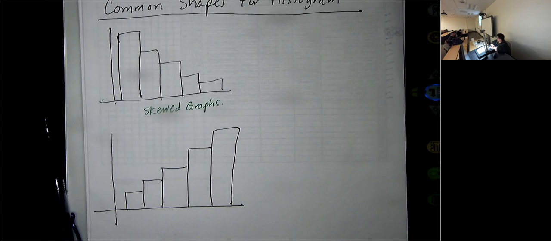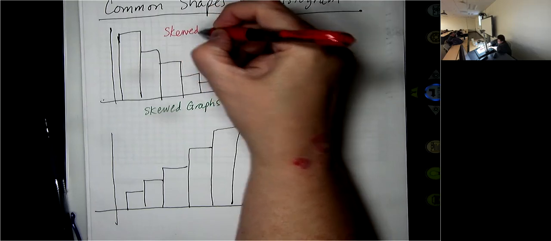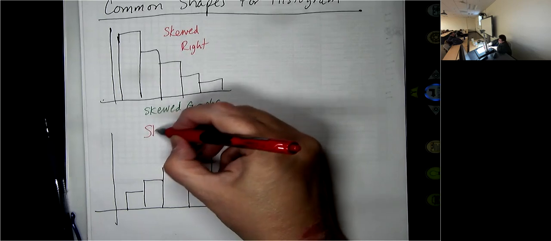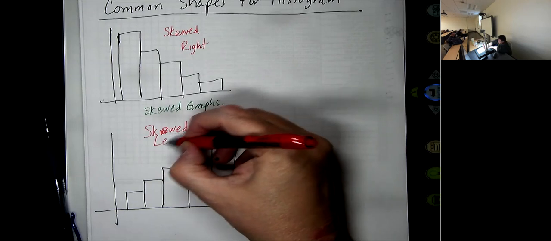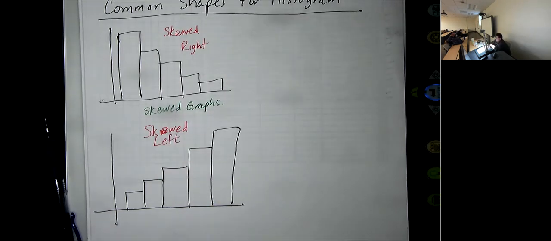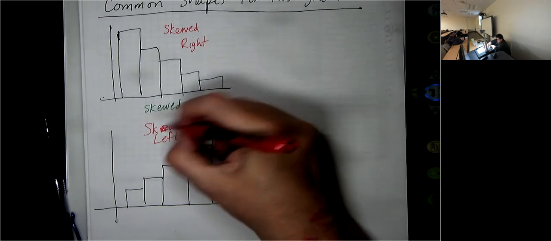This is always opposite of the way I want to say it. The way I look at it, my brain says, where's the largest stack? That's the side it's skewed on. That's not true. It's skewed where the short stuff is, so this is called skewed right. And this one's called skewed left. Skewed.